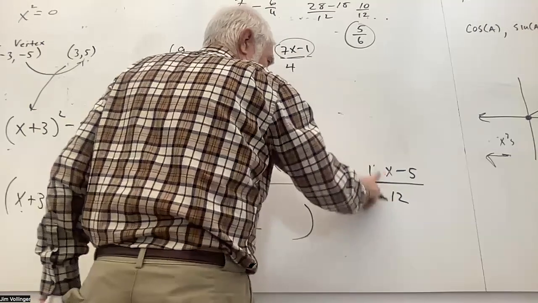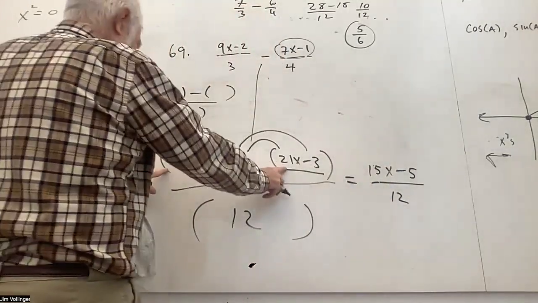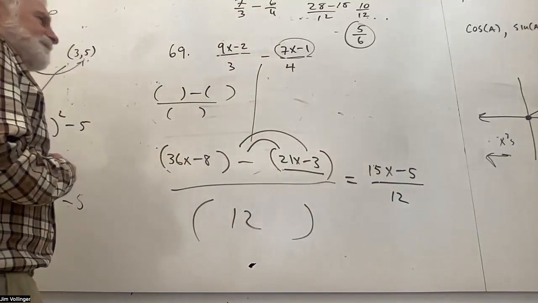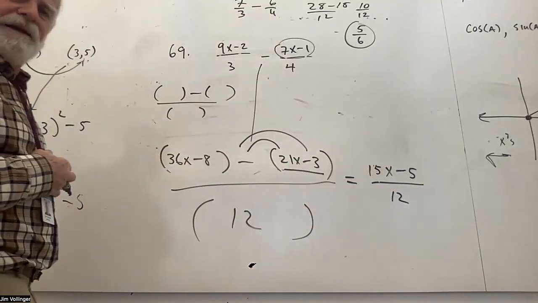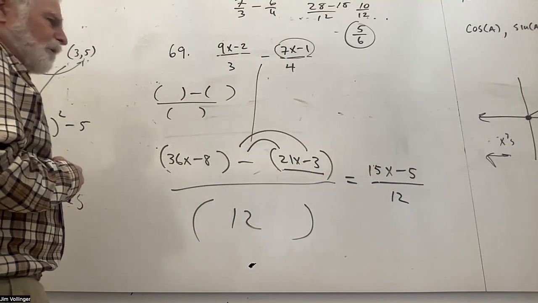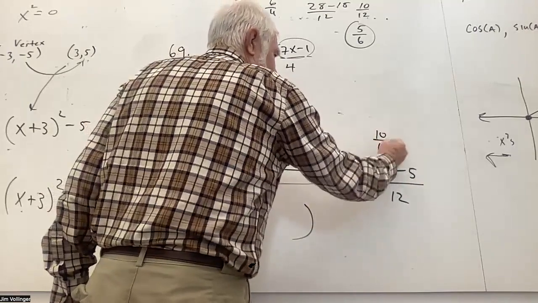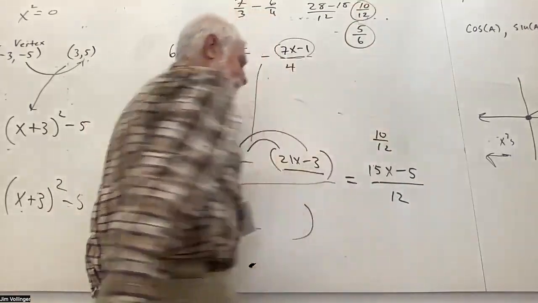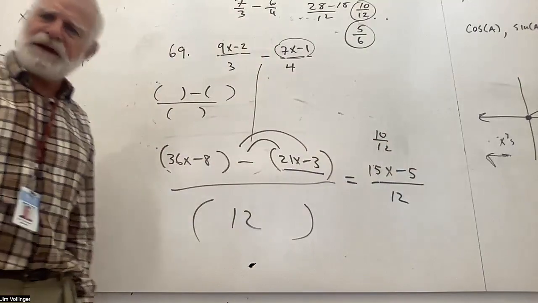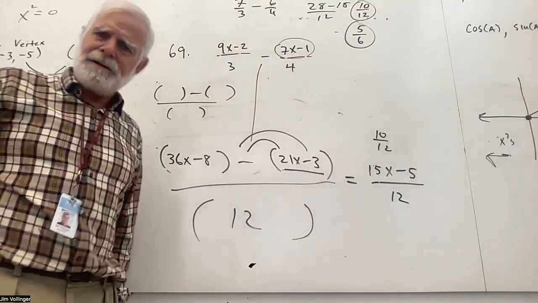Oh, I caught it. 36 minus 21, 15. Good thing I checked it again. Now we put a 1 in and we get 15 minus 5 is 10/12. Yeah, that's where we were. Now it's right. So easy to make those mistakes, especially when your brain gets tired.